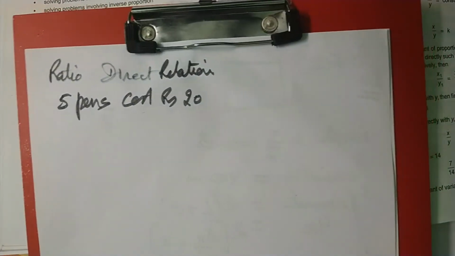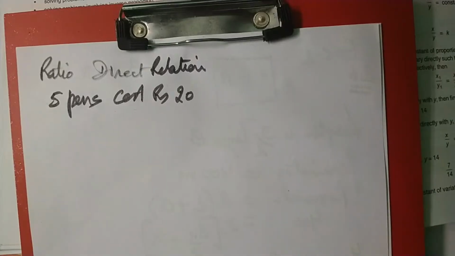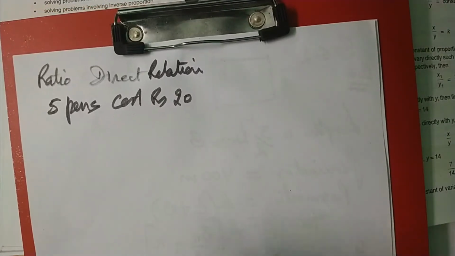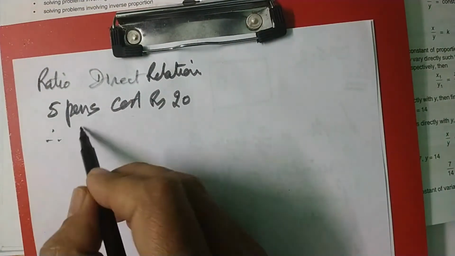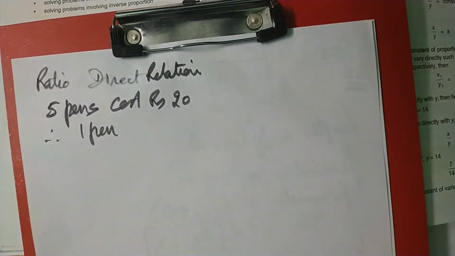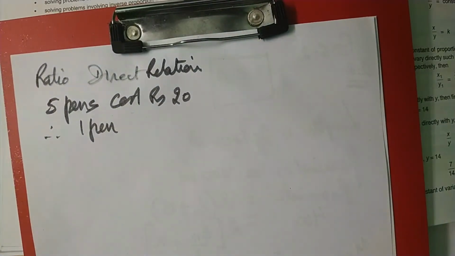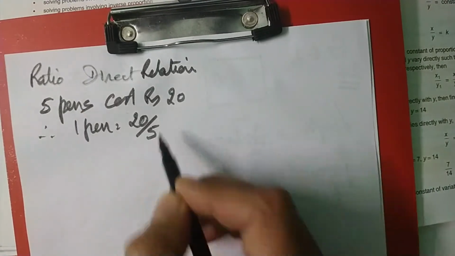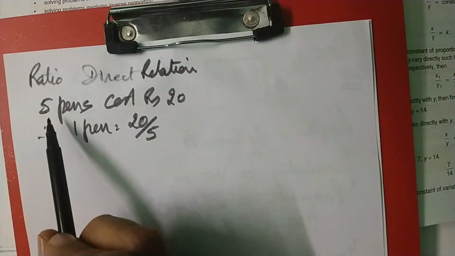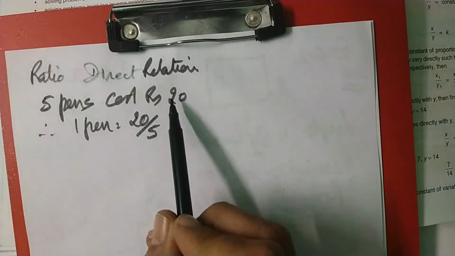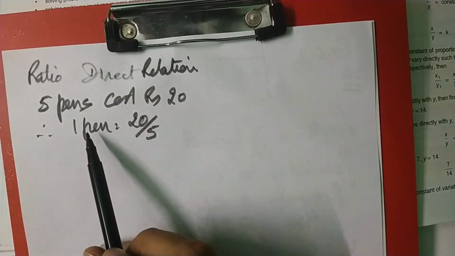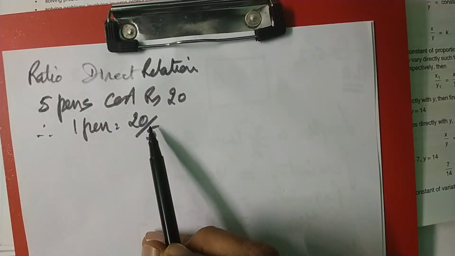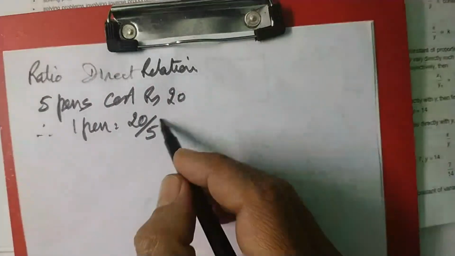If 5 pens cost 20 rupees, then what will be the cost of 1 pen? You will give the answer quickly because you know this: 20 divided by 5. It means when the pens are more, the cost is more. When the pens are less, the cost is also less. So 1 pen will cost 4 rupees only.